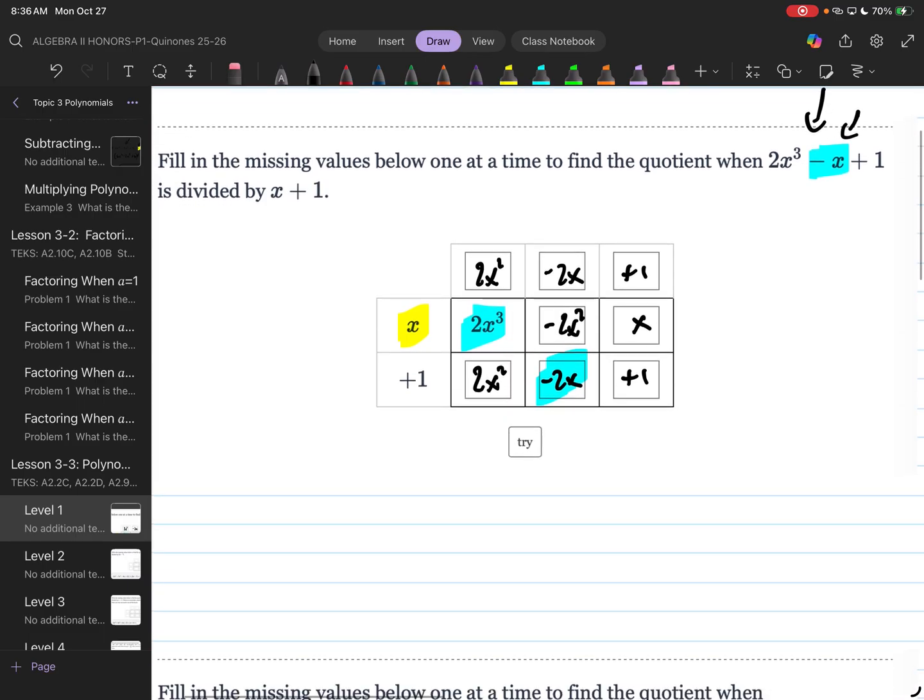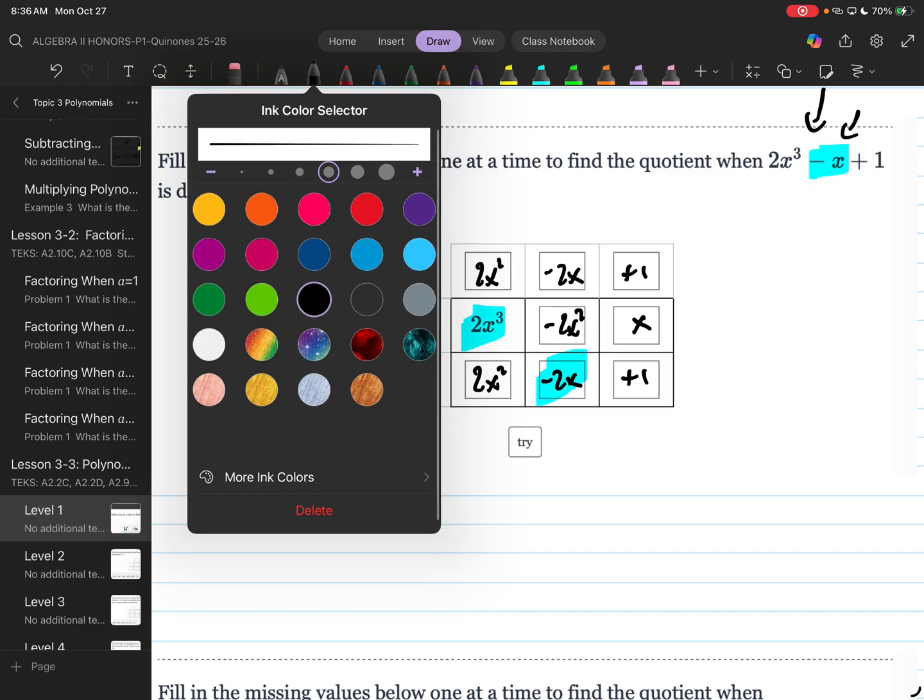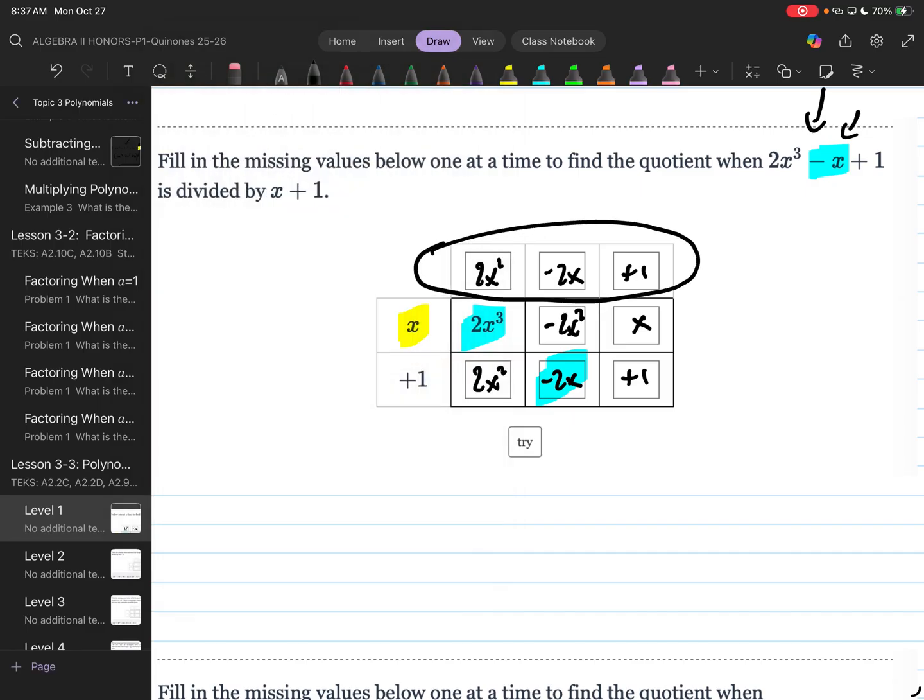So what's my answer to this? 2x cubed minus x plus 1 divided by x plus 1. My final result will be this. This is my answer. So when you're asked to put it into Delta Math, obviously you're going to hit the try button to see if you did it right or wrong. But following this method will allow you to, it's foolproof, right? So we end up with 2x squared minus 2x plus 1.